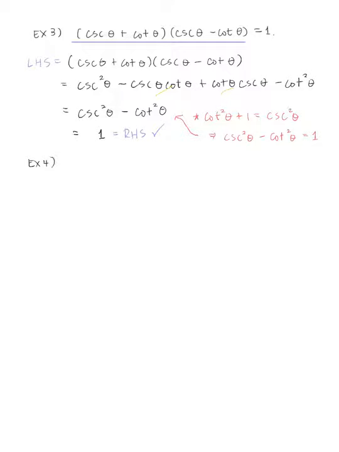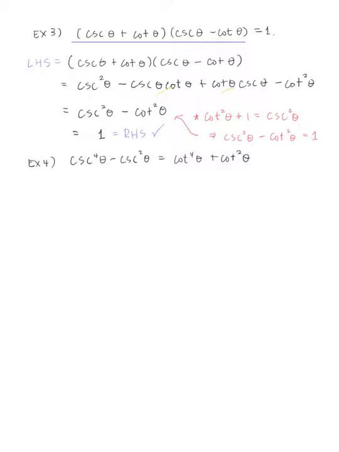So let's try cosecant fourth of theta minus cosecant square of theta equals cotangent fourth of theta plus cotangent square of theta. All right, so let's try this one. Now, the left-hand side and the right-hand side are both equivalently difficult, so pick either one of the sides.